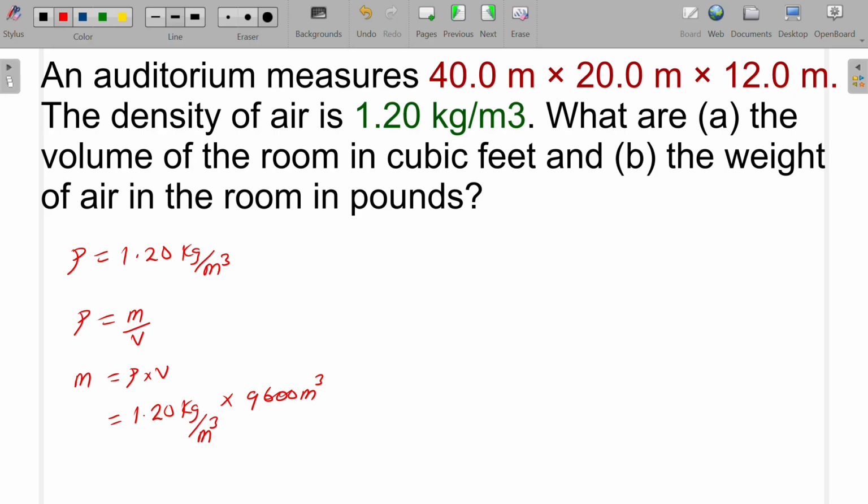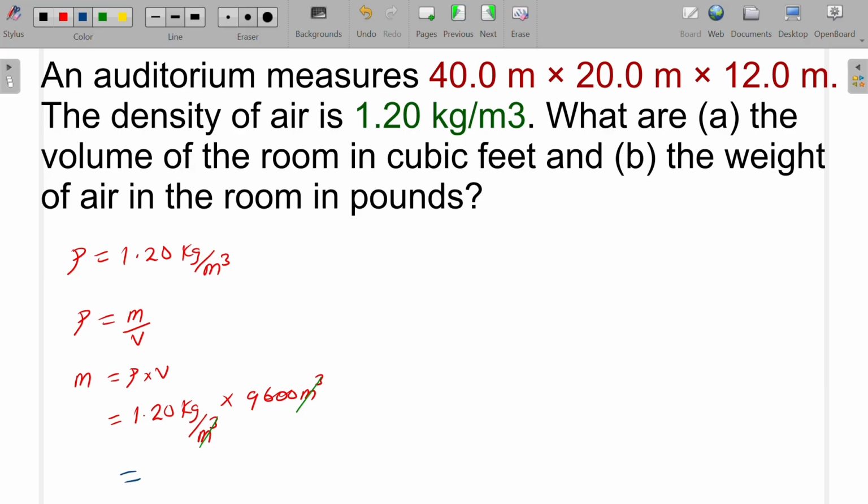Now we're using the volume in cubic meters instead of cubic feet so that we can cancel our units. The density has cubic meters, so they need to match the units we have for the volume so that they cancel. Our answer will be in kgs, which is the mass we want.